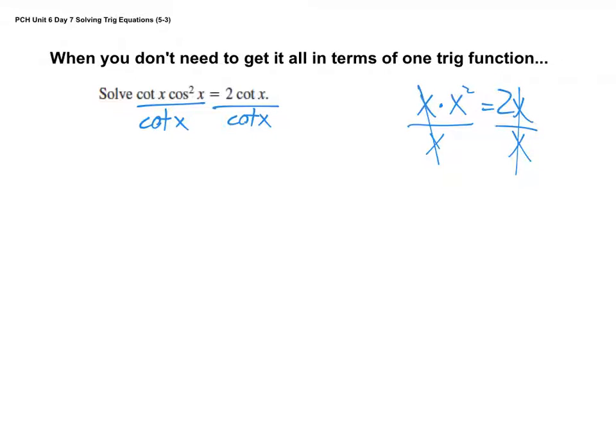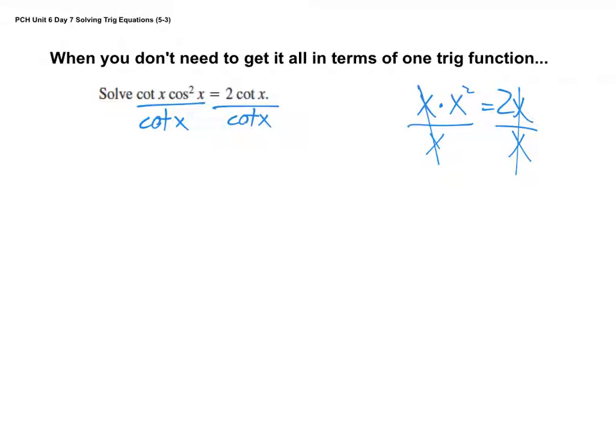The x might be zero, which would make this illegal, right? Also, what did we just do to the degree of our equation? We just changed it from a cubic to a quadratic, and we just lost one of our roots. We just lost an answer.